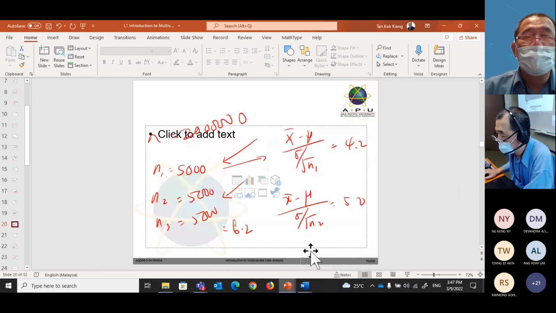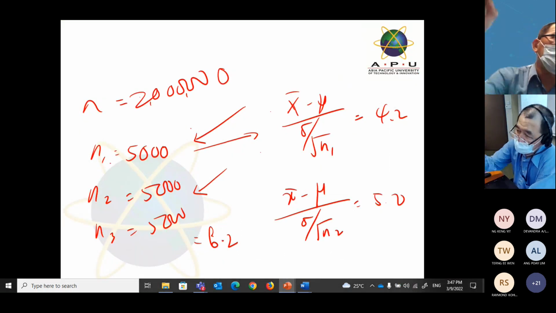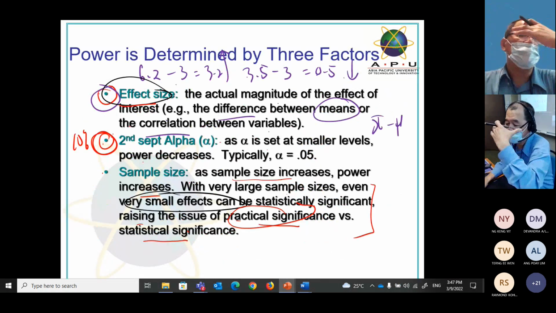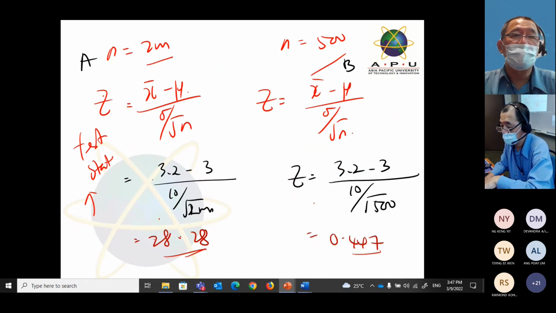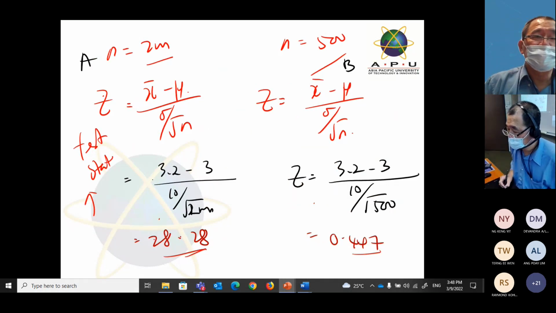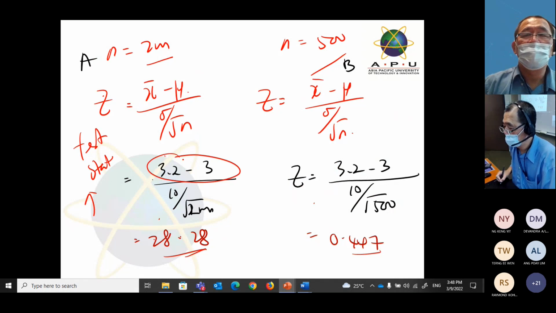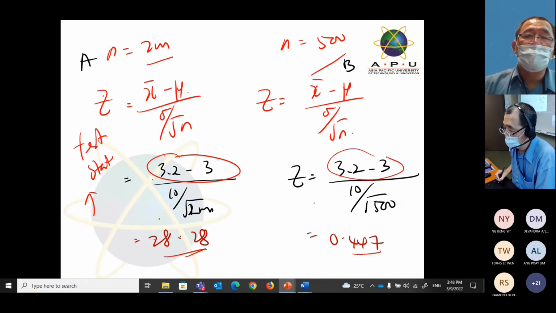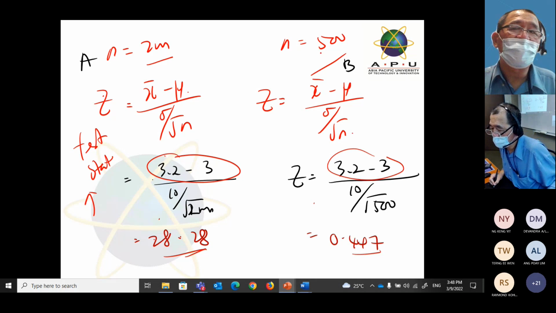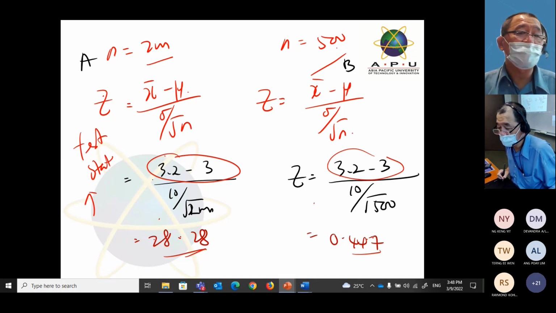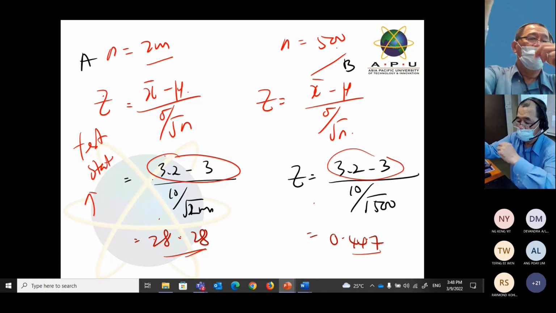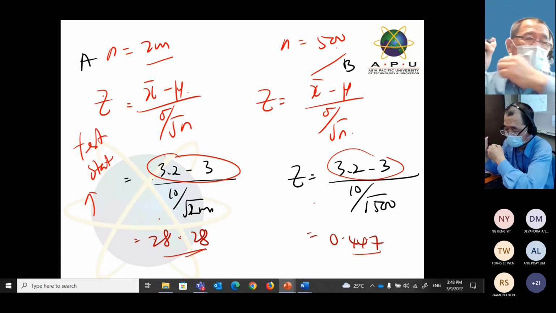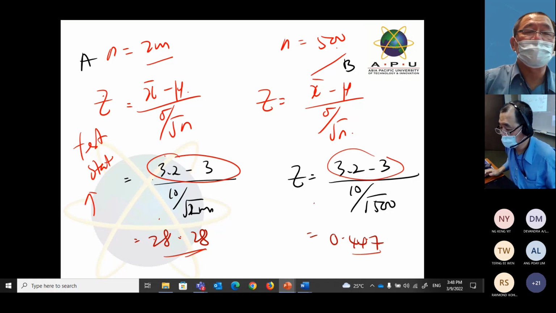So the effect size is the difference between the X bar and mu, and 3 and 3.2 is a small size. But when the sample size is small, 500, you cannot reject the null hypothesis. But when n is 2 million, you can easily reject the null hypothesis.